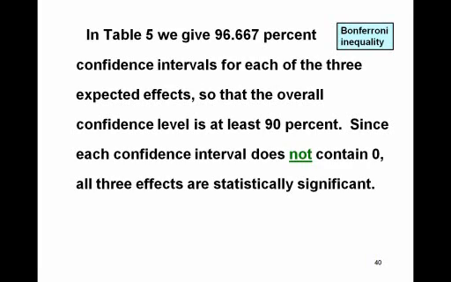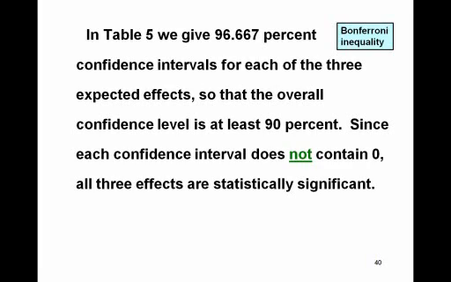Now, there is something called the Bonferroni inequality, which I don't have time to go over. But it turns out that if we make each of the three confidence intervals 96 2/3, which means that each of the three alphas are 3 1/3, 3 times 3 1/3 is 10.